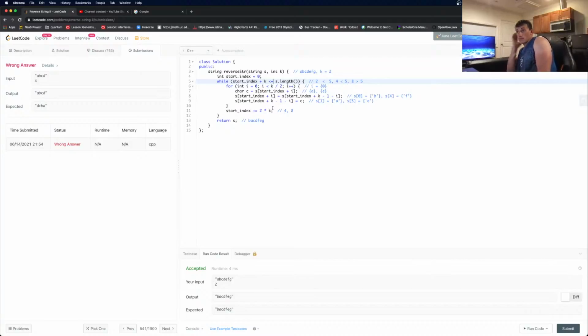Because it's plus k, and if k is 4, then it will be from 0 to 2 less than, so it will be 0, 1, and we will swap with start index 0. So we swap 4 minus 1, 0, so we swap with the third, so 0 is third, and first with second. Alright, yeah, should work.